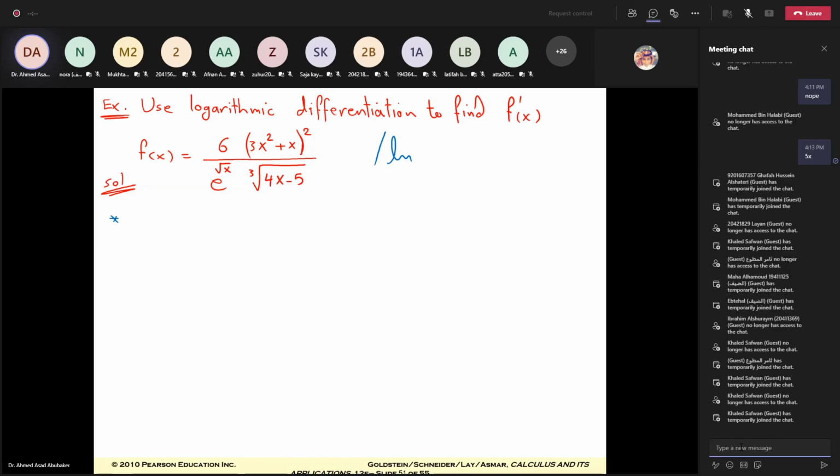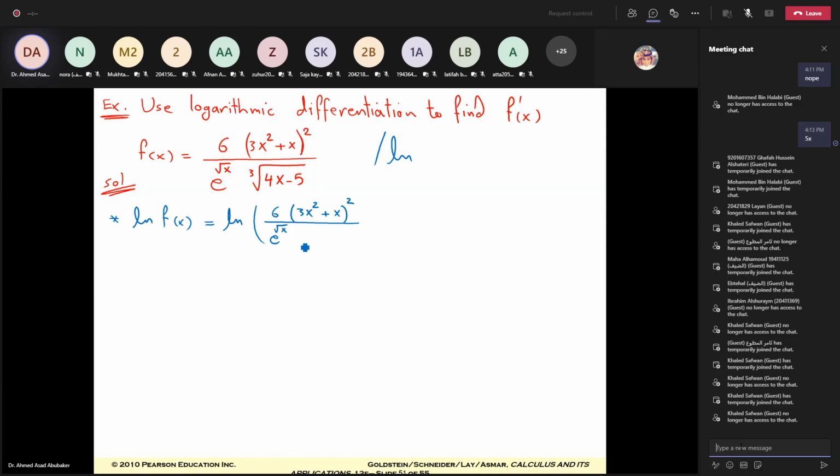So we have ln f of x and ln of 6 multiplied by 3x squared plus x all squared over e to the power radical x, cube root of 4x minus 5.